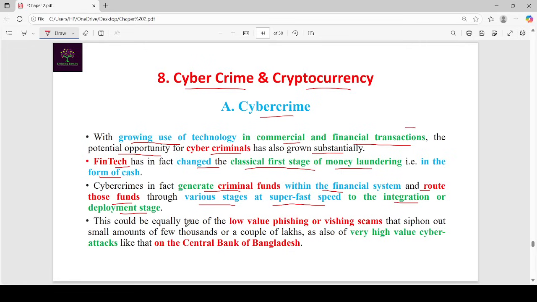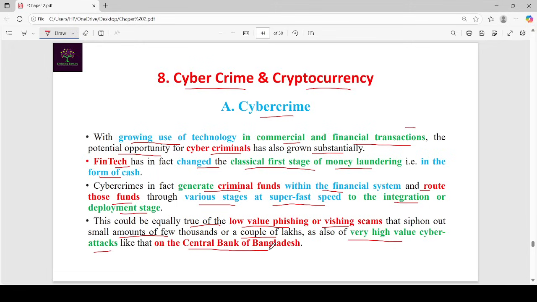This could be equally true of low value phishing or vishing scams that siphon out small amounts of thousands or a couple of lakhs, as also of very high value cyber attacks like that on the Central Bank of Bangladesh.